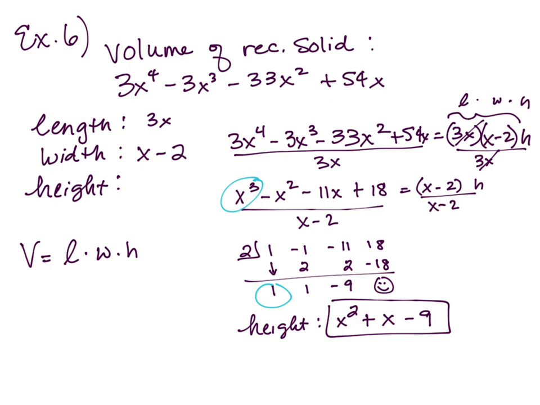Okay? So I'm going to give you a try it. And that's the last problem for today. The try it goes with this particular example. Cool? Okay. So for the try it, they give you the area of a rectangle.